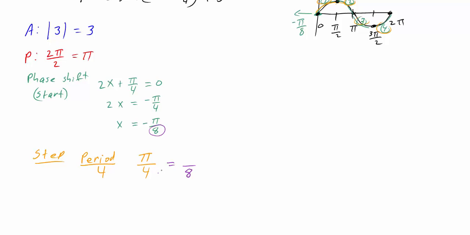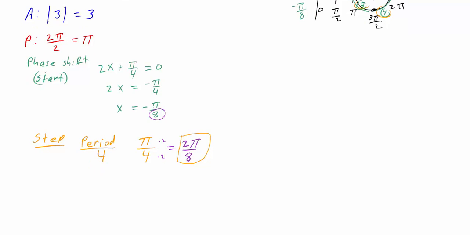So if I multiply here by 2 and multiply the top, we're going to end up with 2 pi over 8. So this is what I want to use here for my step, just so that when we add it to our starting point, we are consistent with having the same denominator, so that it makes it much easier for us to add our fractions together.